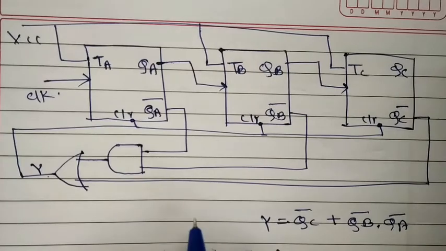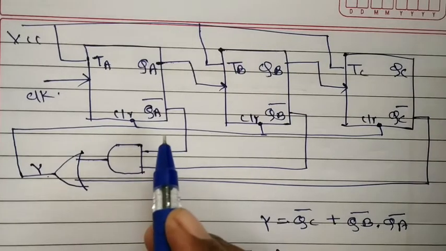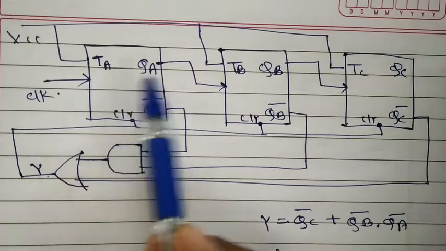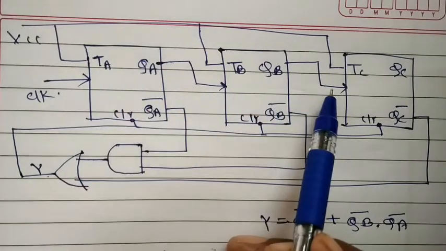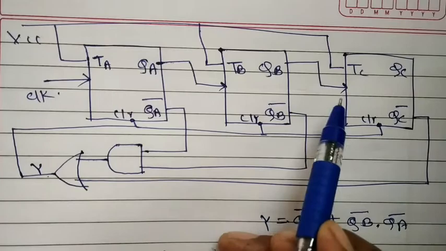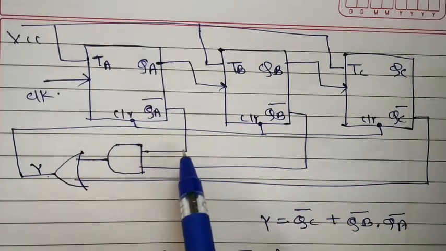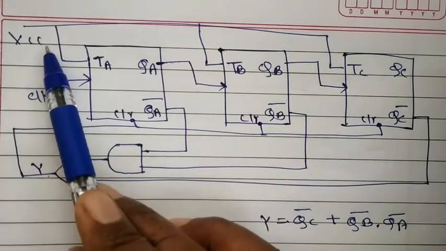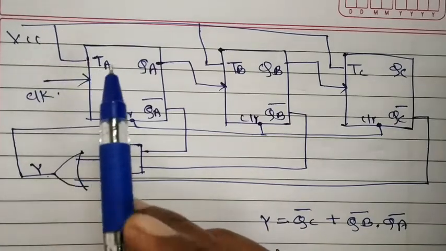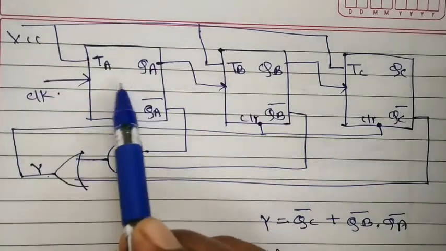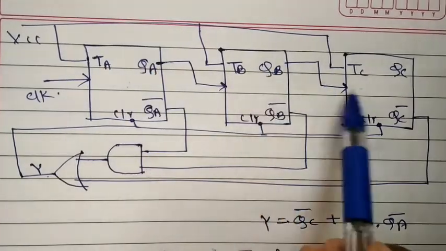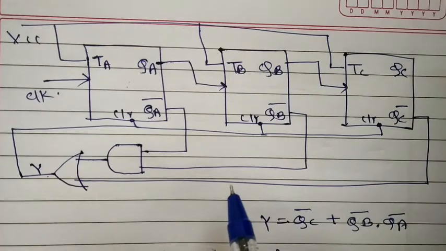So what will be the reset logic? Mod 8 counter I am designing using 3 flip-flops, and for the rest of the conditions I am going to design the reset logic. So all the T terminals of the flip-flops I am going to connect to VCC. Then clock is applied to the first flip-flop, output of first as a clock to the next, output of the next as clock to the third flip-flop.